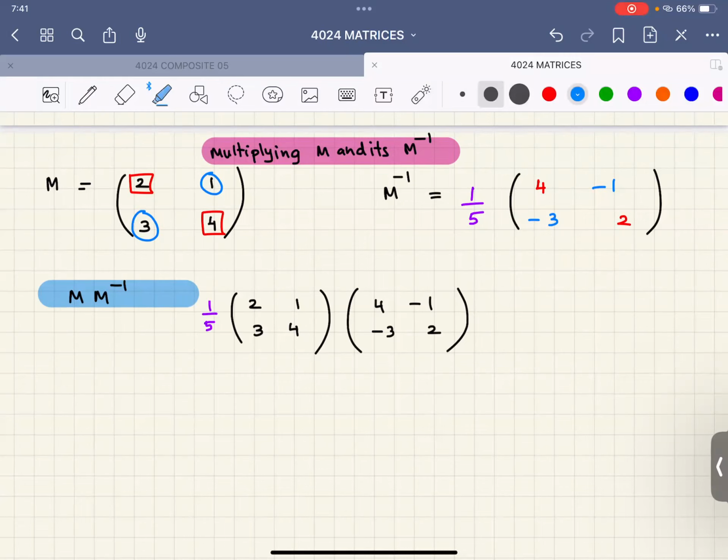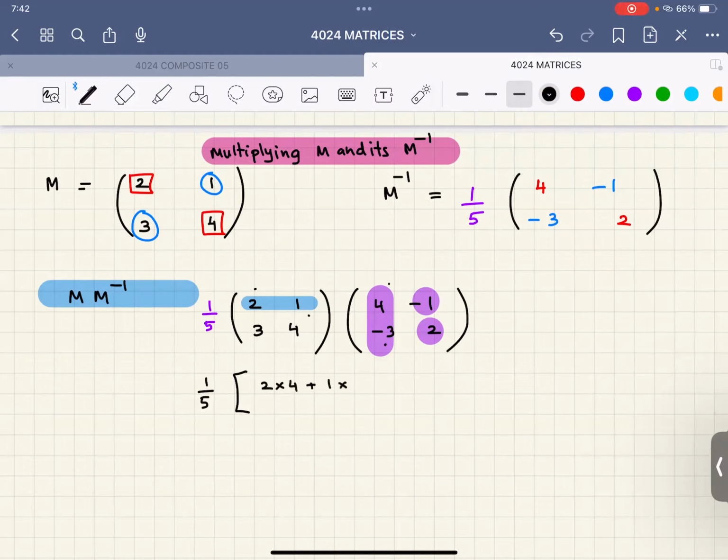We will multiply it this way. And then we will multiply this way. And then we'll proceed. So if I multiply, 1/5 remains as it is. This 2 into 4 and 1 into -3. So this is 2 into 4 plus 1 into -3. Then this 2 into -1, and then this 1 into 2.